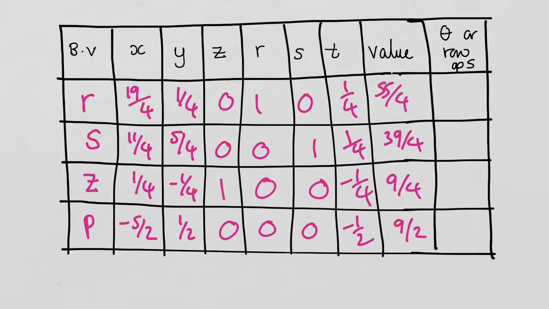So now all we do from here is do the normal simplex algorithm, the normal simplex algorithm to try and make all of these non-zero. I'm not going to go through it step by step because there's going to be about 5 tables, I believe.